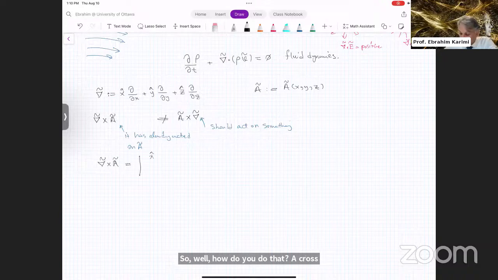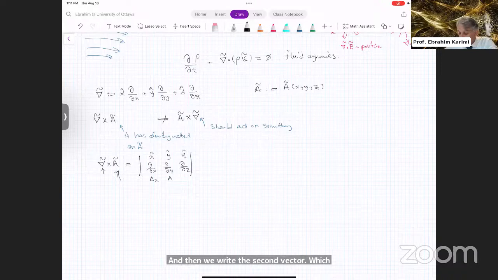You write x hat, y hat, z hat, and then we write the components of the first vector, which are derivative with respect to x, derivative with respect to y, derivative with respect to z. And then we write the second vector, which is ax, ay, and az. But remember, del here is acting on A.